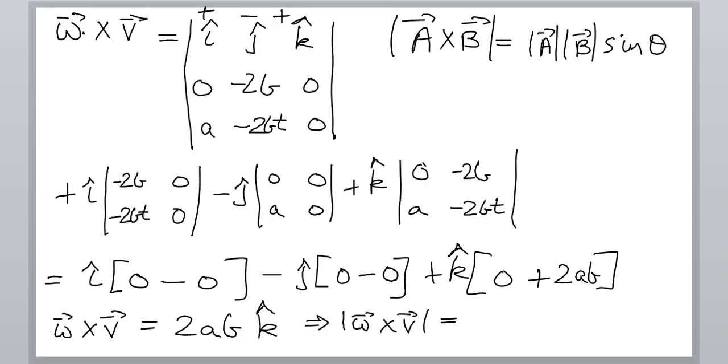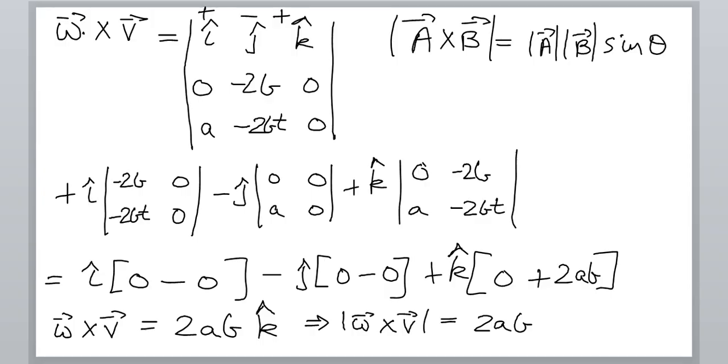And the modulus of this will simply be equal to 2ab, because the modulus of k cap will just be 1, so we are left with 2ab only. So the modulus of w vector cross v vector is equal to 2ab, okay?